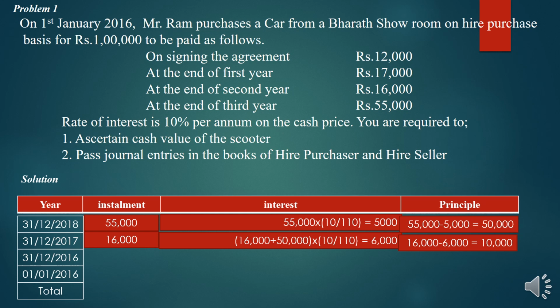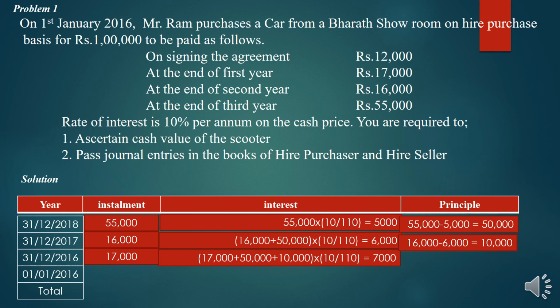Next, on 31st 12 2016, the installment amount is 17,000. You have to calculate the interest. So here, listen: 17,000, that is the installment of 2016, plus 50,000, the principal amount of 2018, plus the principal amount of 2017, 10,000. Totally it comes to 77,000, into 10 divided by 110, so that you get interest of 7,000.